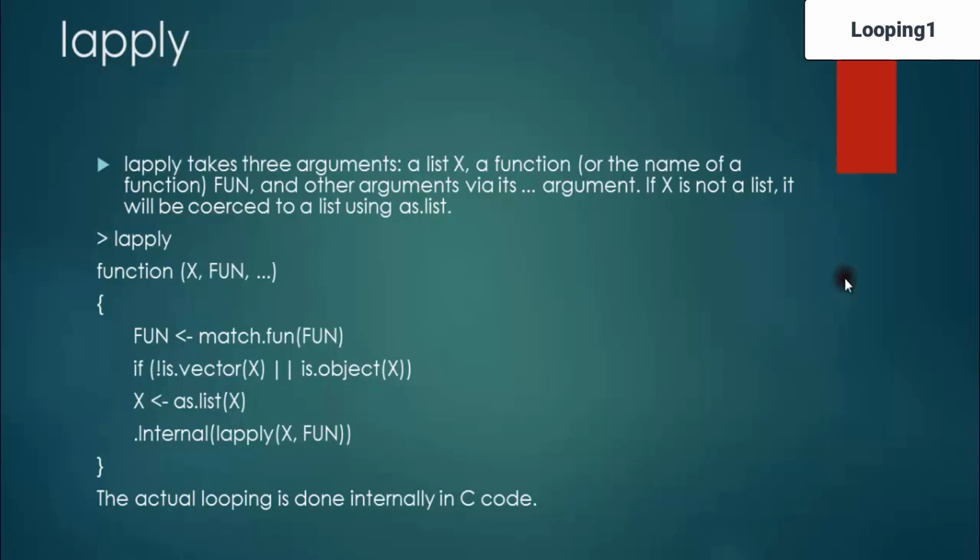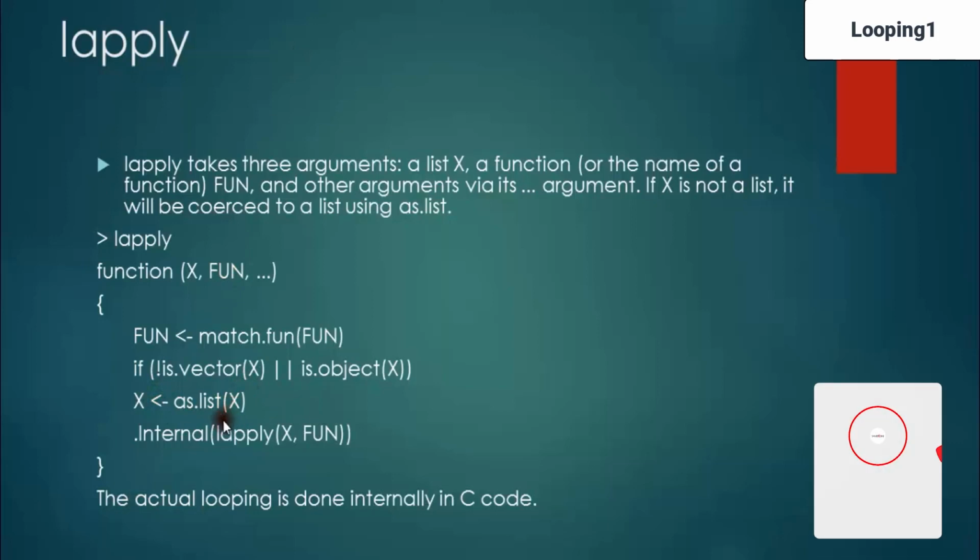Now we'll see the functional attributes of lapply. lapply is a function of x, fun, and ellipsis. fun is match.fun of fun, which matches the function being passed in. If not is.vector of x or is.object of x, meaning the argument passed is not a list, then the conversion happens in the next step, where x equals as.list of x.